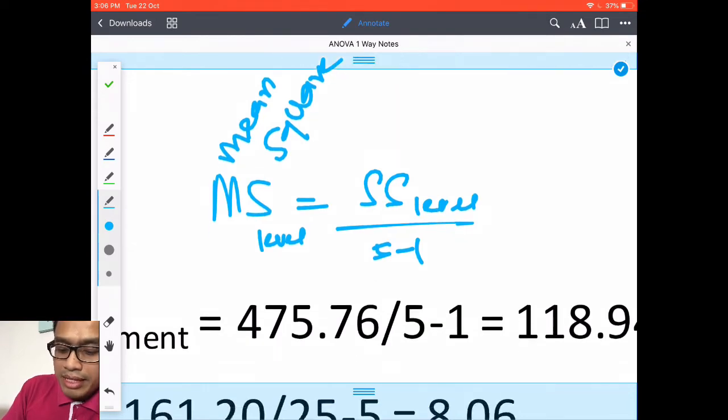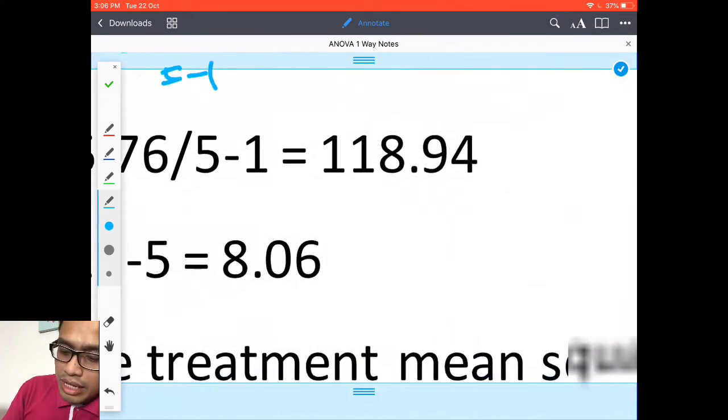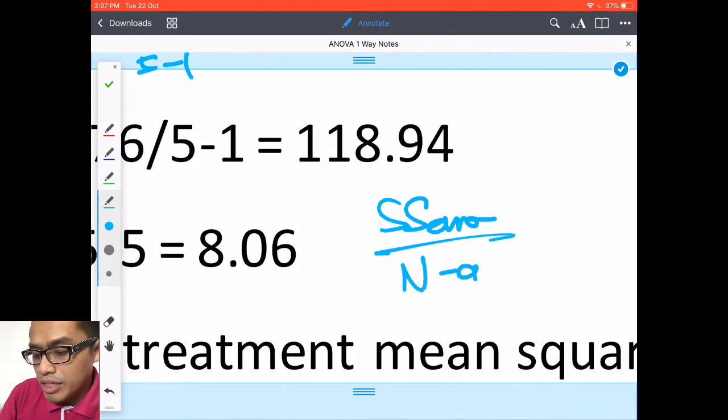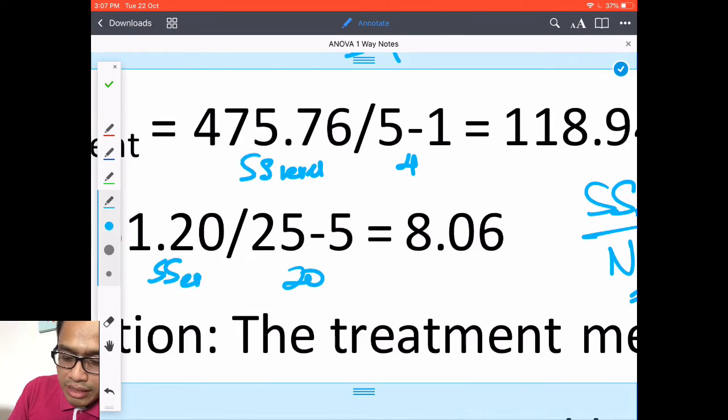For MSE, for error, you need to use SS error divided by N minus A, which is 20. So this is 20, this is 4, this is SS level or treatment, SS error.